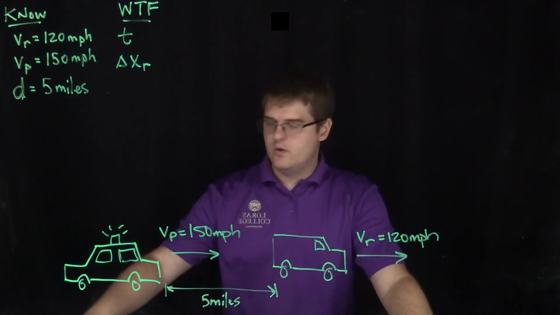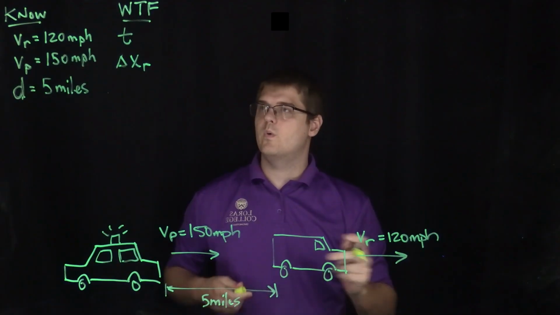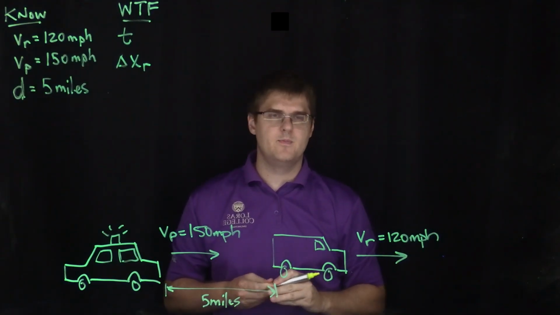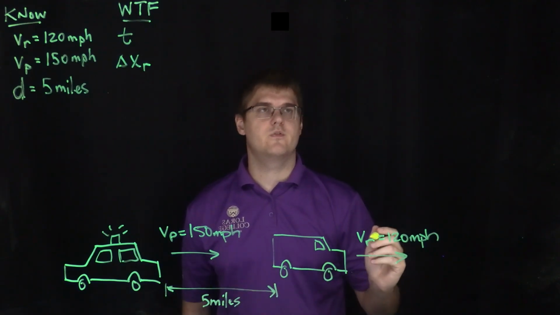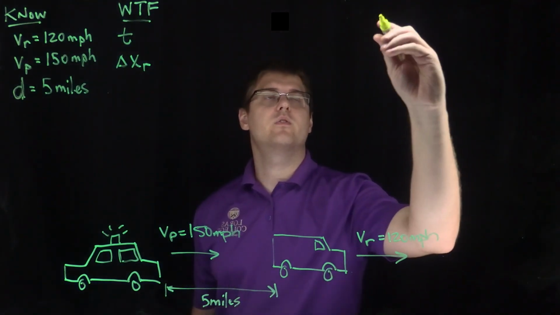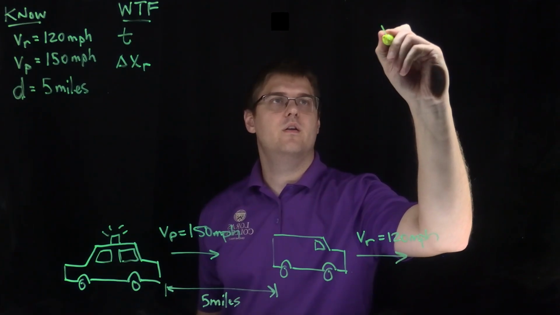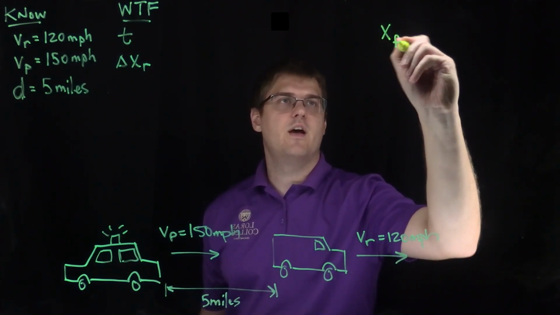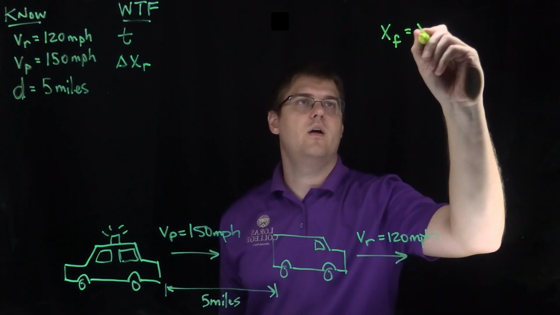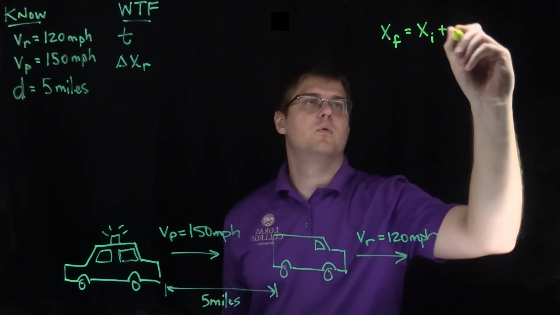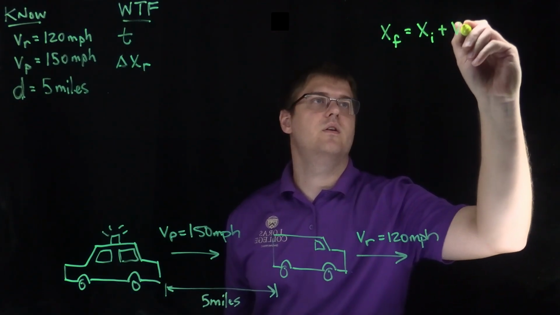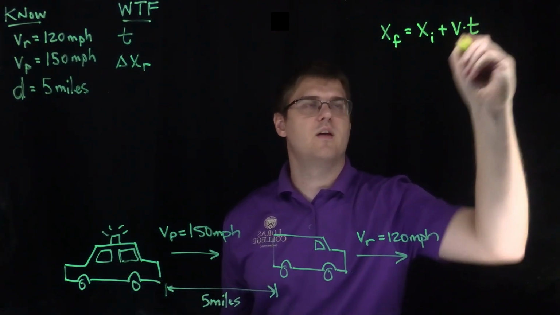Okay, well, we are asked for a time. Our equation for time, we have one equation so far that uses it, so we know it's going to show up somewhere, is x final is equal to x initial plus velocity times time.